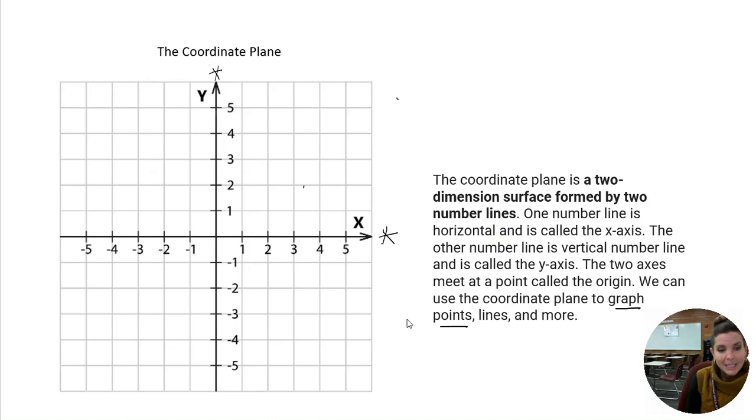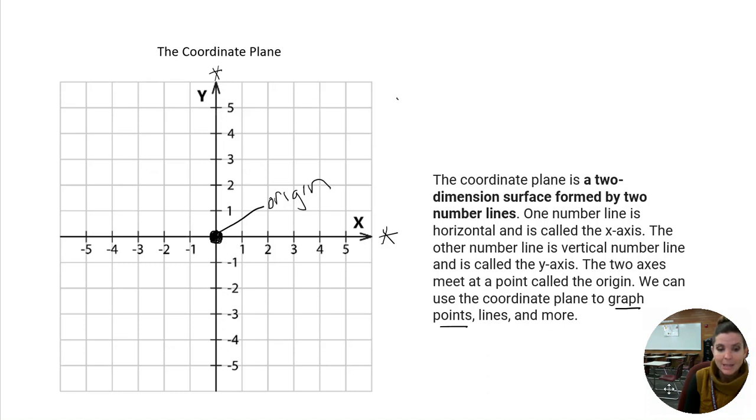The x-axis and the y-axis intersect each other at this point right here, and the point where those two axes intersect each other, we call that the origin.